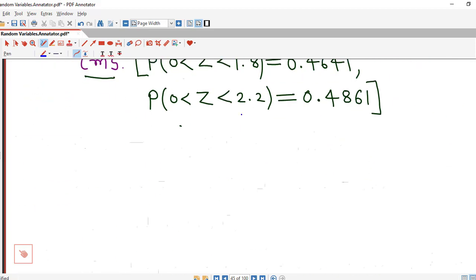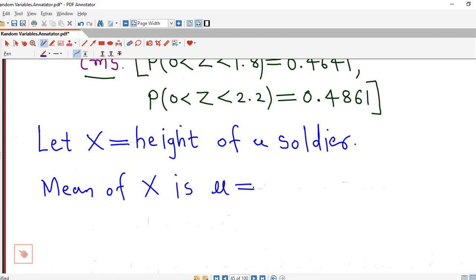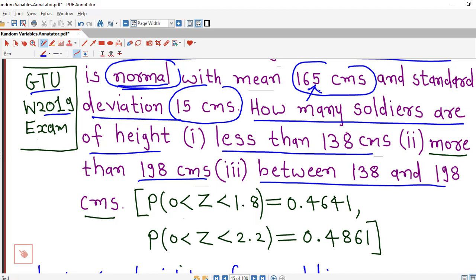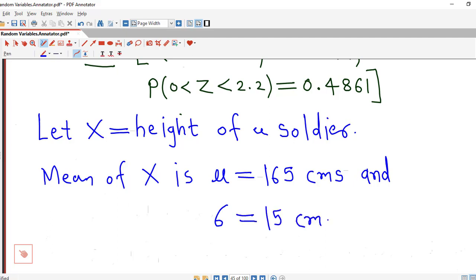height of a soldier. So first we write that it is given that capital X is a random variable, capital X is the height of a soldier, and it is given that the mean of X is mu equal to 165 centimeters and standard deviation sigma is 15 centimeters.